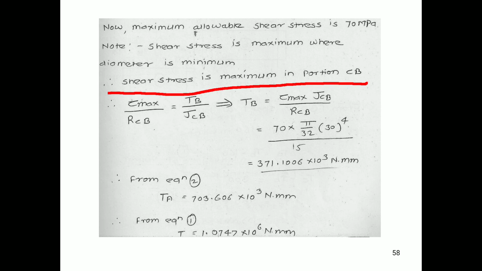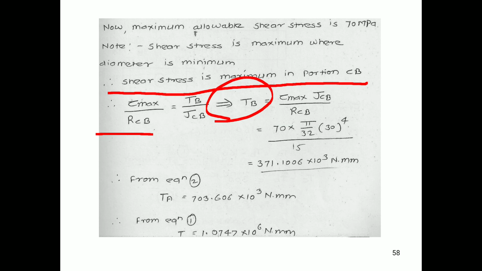By using the torsional formula, we have maximum shear stress upon radius of CB, which is equal to torque in B upon polar moment of inertia for CB. On solving for torque in B, we have this equation.